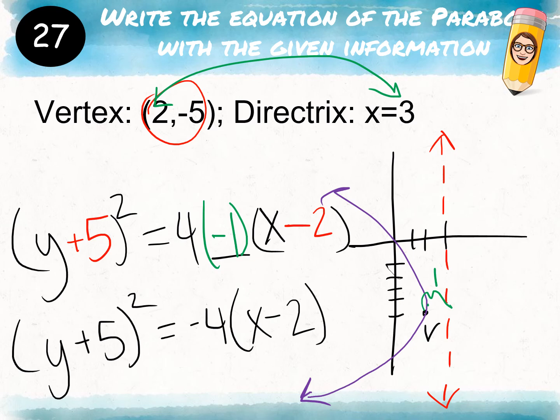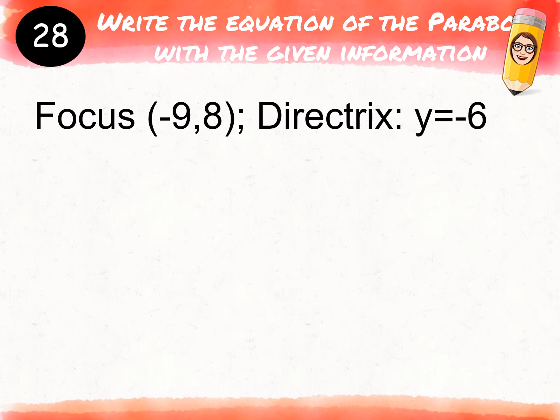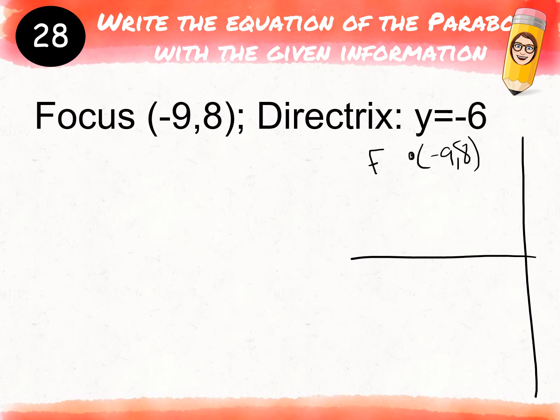Now on this one, what if I give you the focus and the directrix? Now we don't know our vertex. We have to find it. Dealing with mostly the second and third quadrant here. If I'm at (-9, 8) for my focus, and my directrix slices the y-axis at y equals -6. So let's talk about this distance from here to here. From a y value of 8 to a y value of -6, that's a distance of 14.